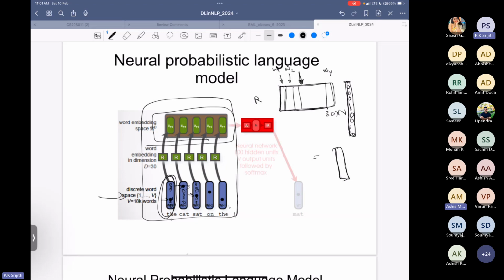So you start with some one-hot vector representation for the word. You multiply that with this matrix R. That will give you a vector representation for these words. And see, in this model, R is some sort of weight matrix which is unknown to you, because when you start, you don't know what vector representations to use for each of these words, and you want to learn those vector representations, right?